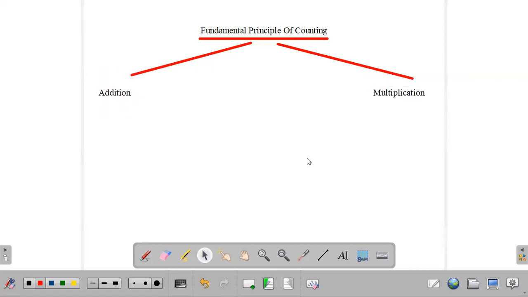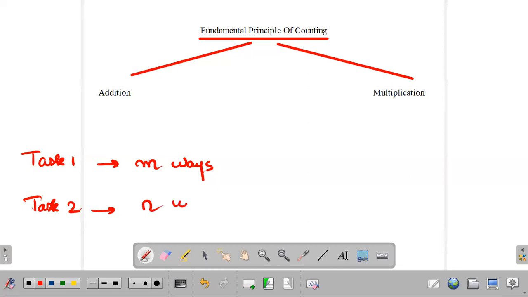Okay, what this is all about, we will just see. So consider that there are two tasks, task number 1 and task number 2. Let me say task 1 can be completed in m number of ways, and task 2 can be done in n number of ways.